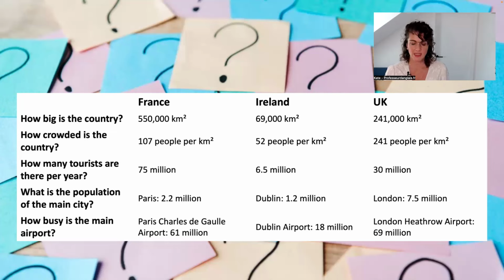The UK is much more popular with tourists than Ireland. You can see the UK has 30 million tourists per year and Ireland just 6.5. Heathrow is the busiest of the 3 airports. You can see that London Heathrow Airport has 69 million people pass through it each year.